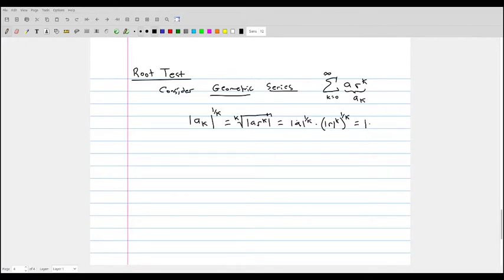Which is just the absolute value of a to the 1 over k times the absolute value of r.